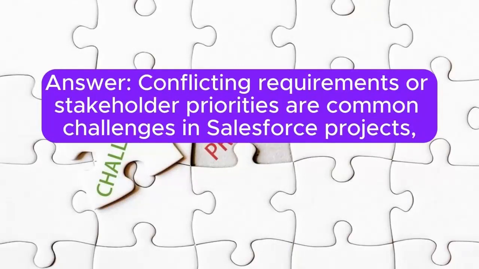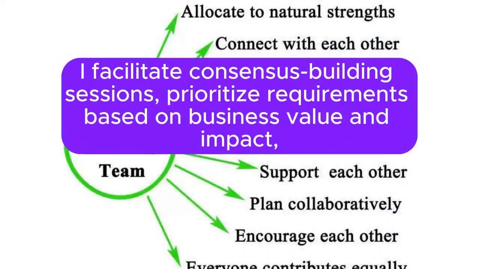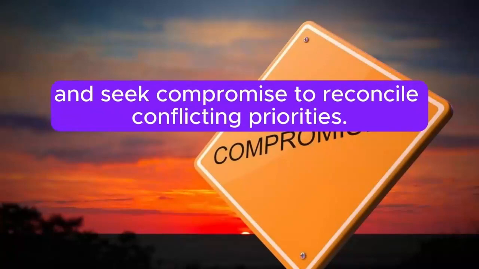Answer: Conflicting requirements or stakeholder priorities are common challenges in Salesforce projects, and I address them through effective communication, negotiation, and collaboration. I facilitate consensus-building sessions, prioritize requirements based on business value and impact, and seek compromise to reconcile conflicting priorities.